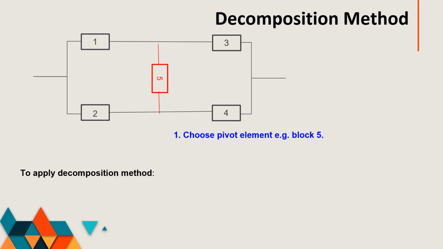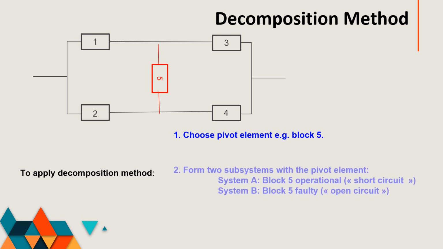But it is normally the element that makes the system complex. In our case, it is block 5 or element 5. If you remove this element, the system returns to a series or parallel system that we have studied in the past.